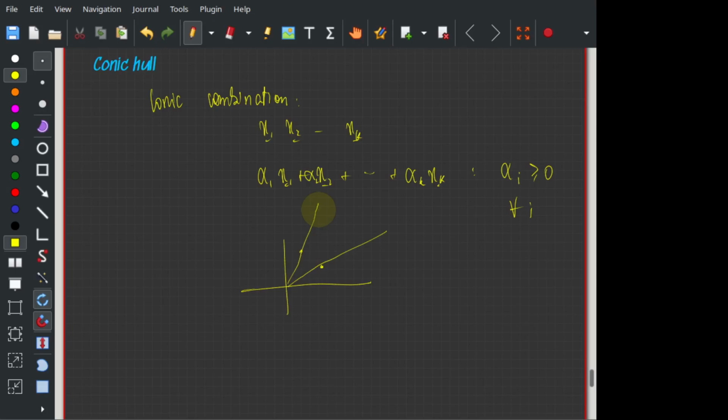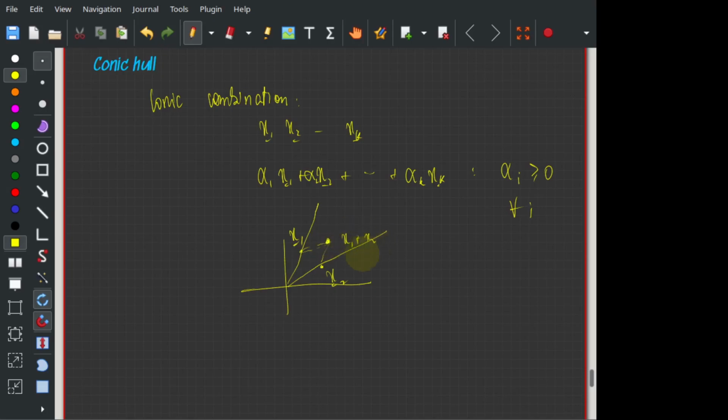What would be the set of all conic combinations of these 2 points? It would of course contain these 2 rays, but what else would it contain? The entire region in between these 2, right? So let me call this point x1 and this is x2. What would x1 plus x2 look like? It would be some point over here.